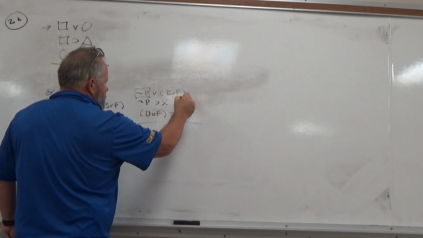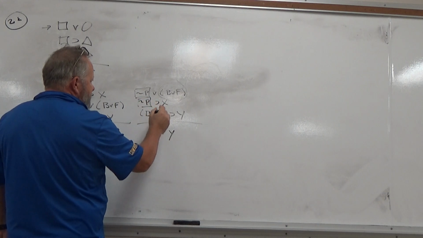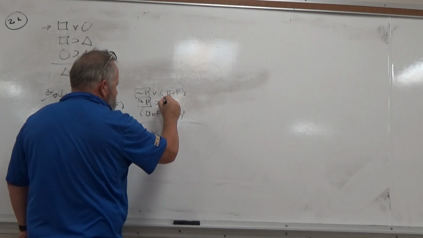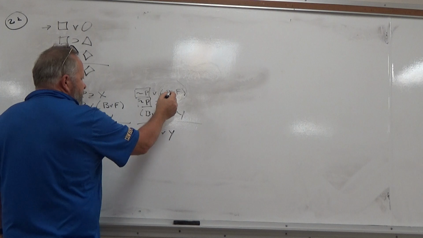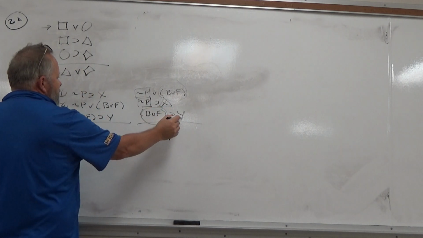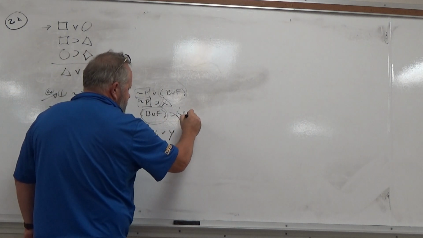Okay, so let's start assigning variables. Box or circle. Not P is a box, so we'll put a box right here. This is something new, so to try to match this, I'm going to call it a triangle. Down here, B or F, we've already called a circle. Then Y is something new, so let's call it a diamond.